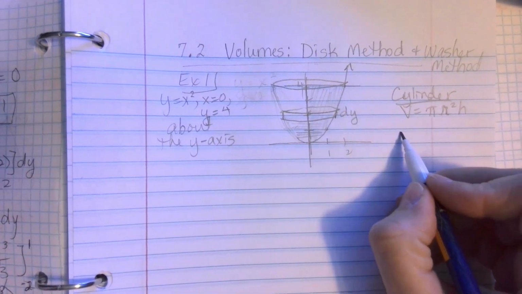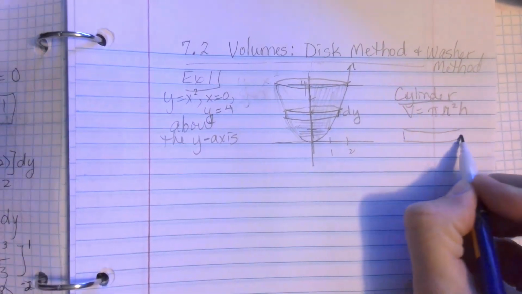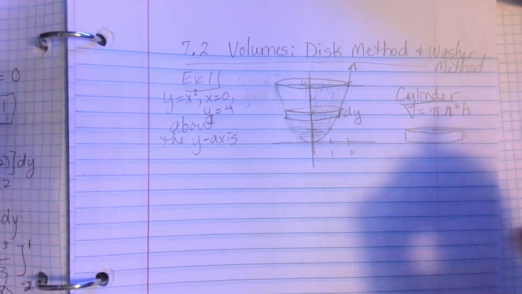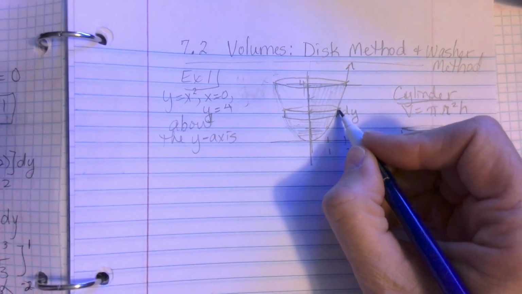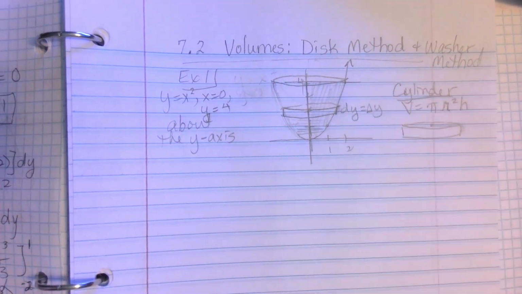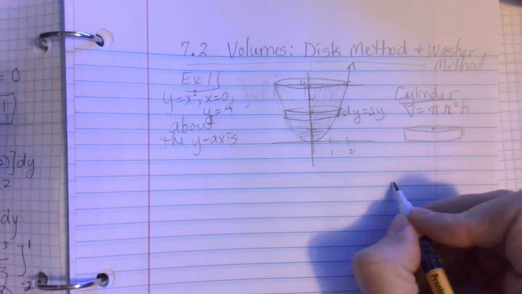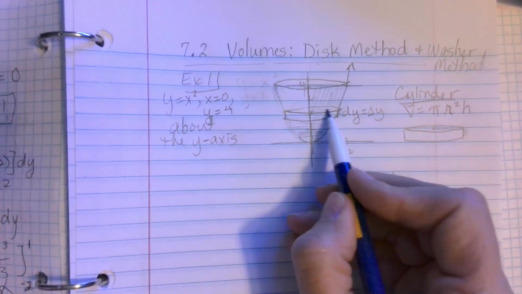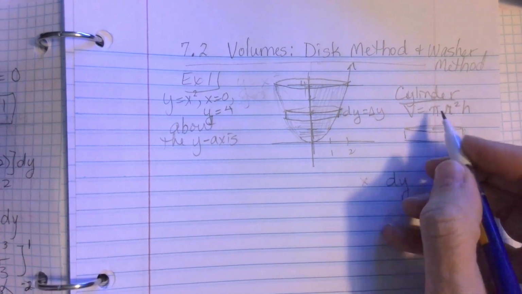If I'm thinking of that little bitty slice, that cylinder that I pulled out here, I need a radius and I need a height. And the height I actually just showed is a dy. It's like a change in y value. So that goes in for the h. The radius is an x value.